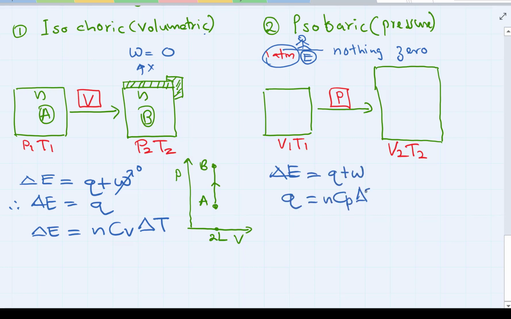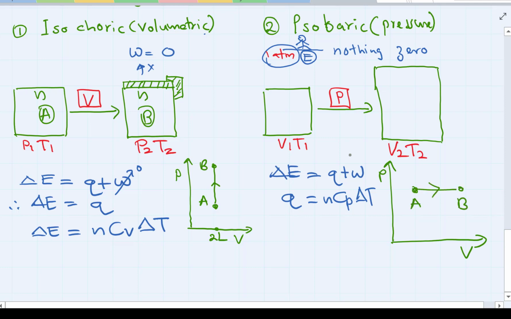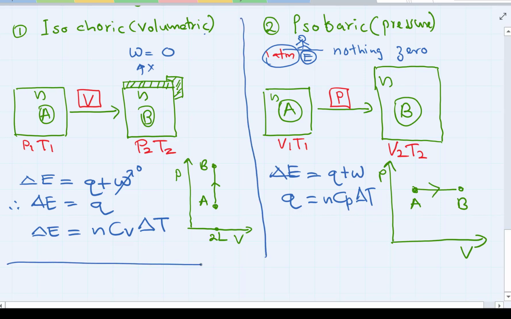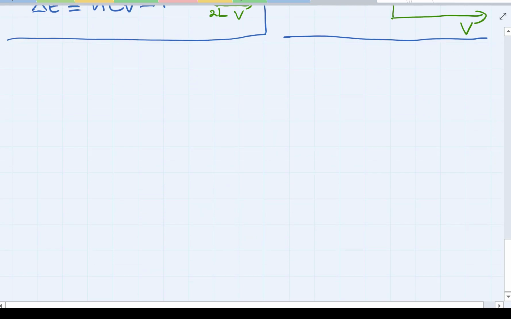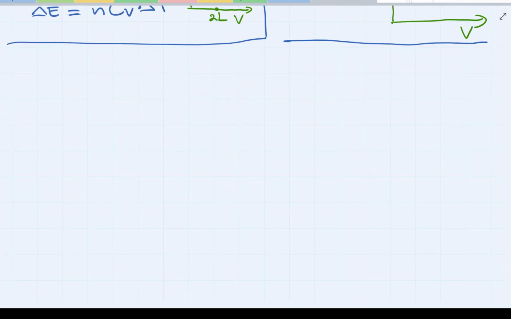So delta E is Q plus W, and Q is n Cp delta T, which is also delta H. That's correct. With pressure versus volume, you get the same pressure, 1 atm, with the same number of moles going from A to B, and these are the formulas you can use. So isochoric, isobaric: same volume, same pressure. Two different situations.